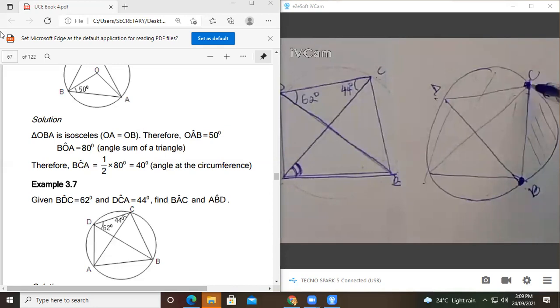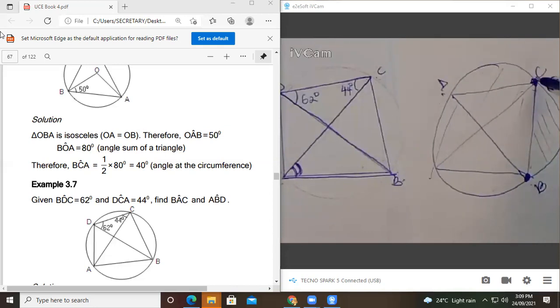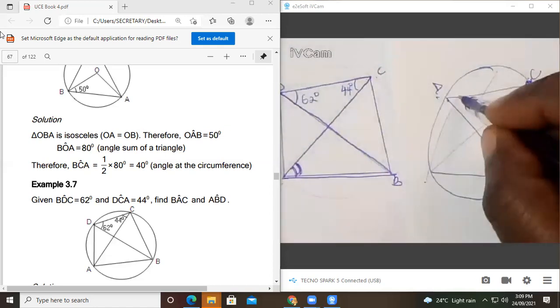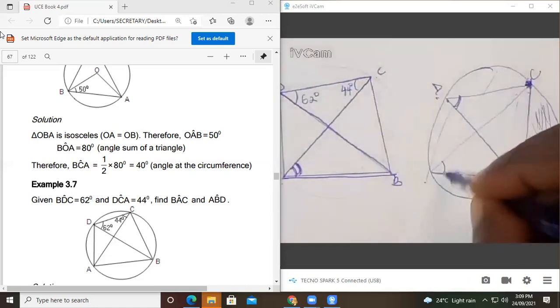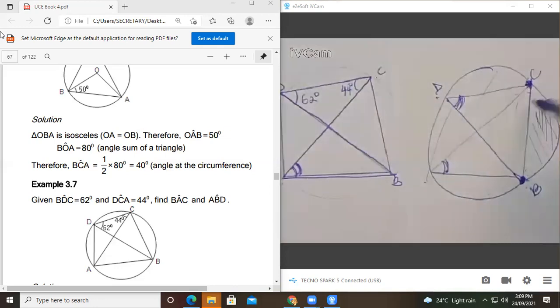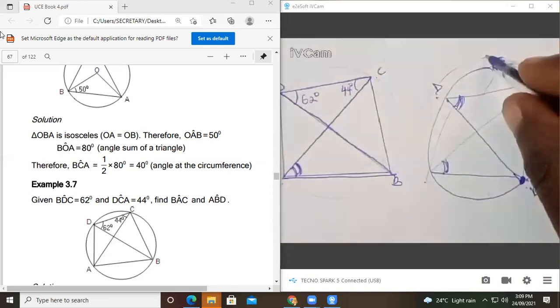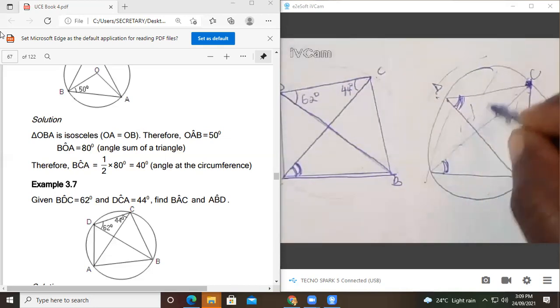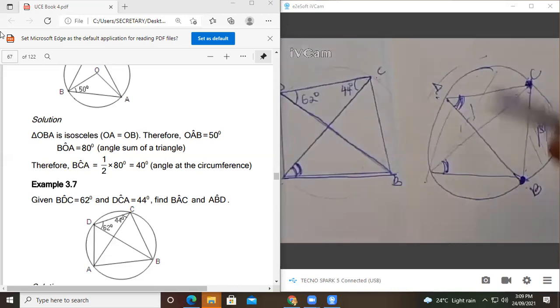BC creates two segments, this segment which is here, and this other, bigger segment. This one is shaded, and this other one is unshaded.